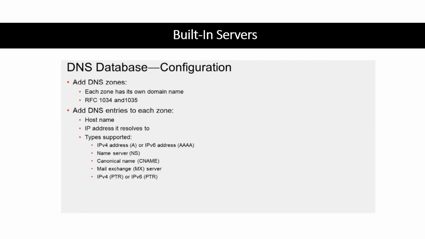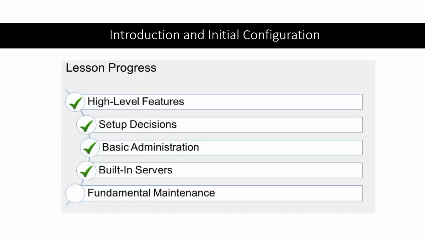You can set up the host name. You have plenty of options. It is giving you the entire DNS function, absolutely everything that you see on Windows Server outside of probably one or two functions. It is on the FortiGate. And that is our built-in server section.